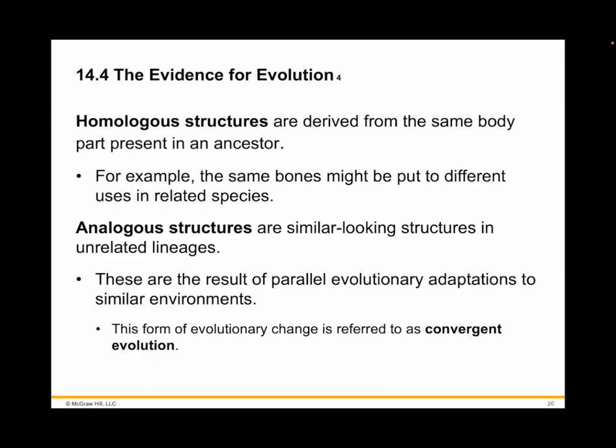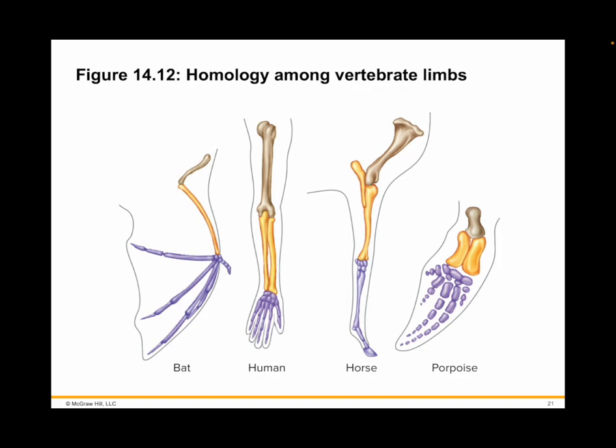You can see this in figure 14.12, how the bones of the vertebrate forelimb have been modified to make up the human forearm, wrist, and fingers, the wing of a bat, the full leg of a horse, and the paddle or fin of a porpoise.